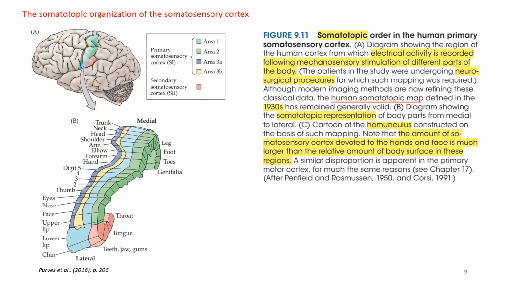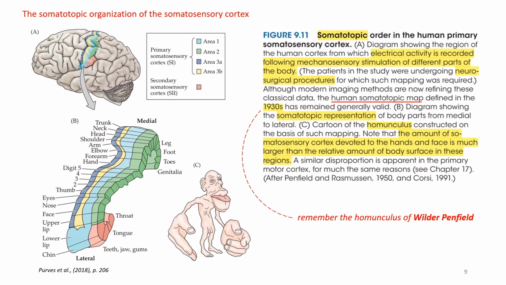And the somatotopy has been described by Wilder Penfield and captured by his now famous homunculus. And so what we see essentially is that different areas on the somatosensory cortex receive input from different areas of our body.